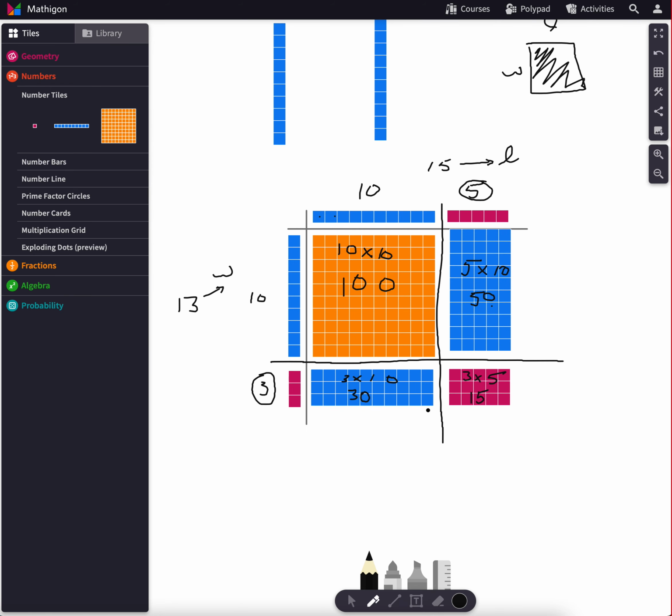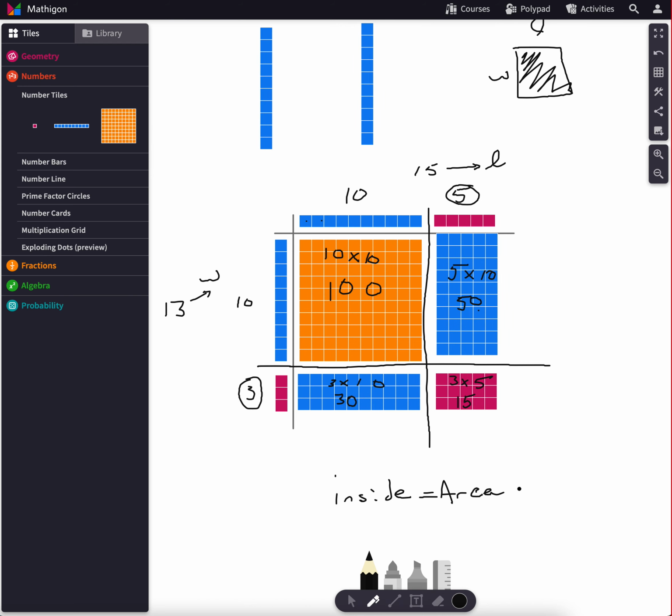Okay, and so we've produced this area. The inside is going to be an area, and that's ultimately what we want. That's our answer, the inside area. And once you add up the area, you actually get the answer to 13 times 15.